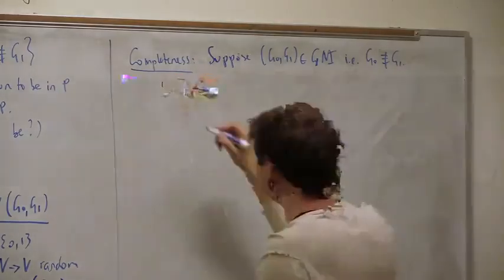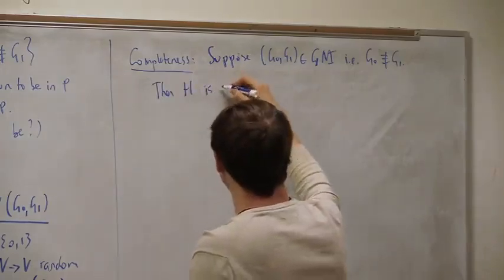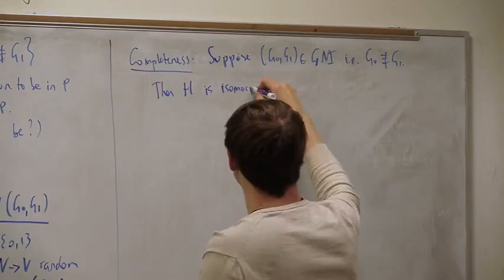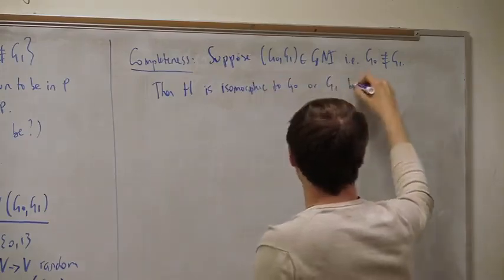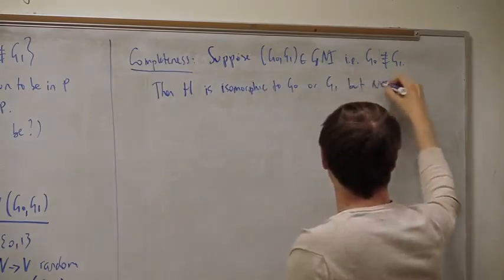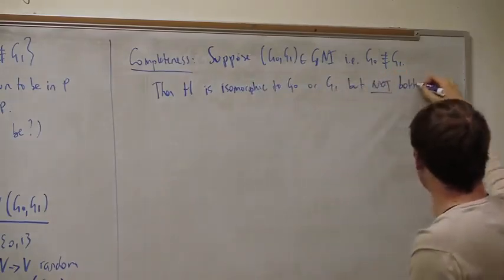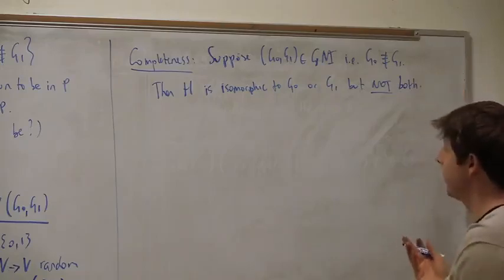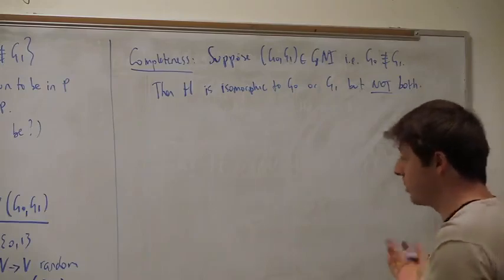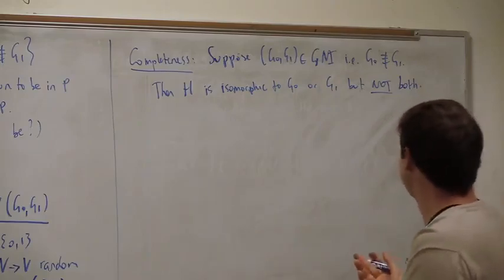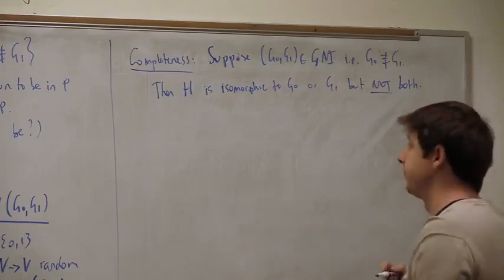Then H is isomorphic to G0 or G1, but not both. It cannot be both, because if it was isomorphic to both G0 and G1, then G0 and G1 would themselves be isomorphic to one another. But we assume that's not the case.